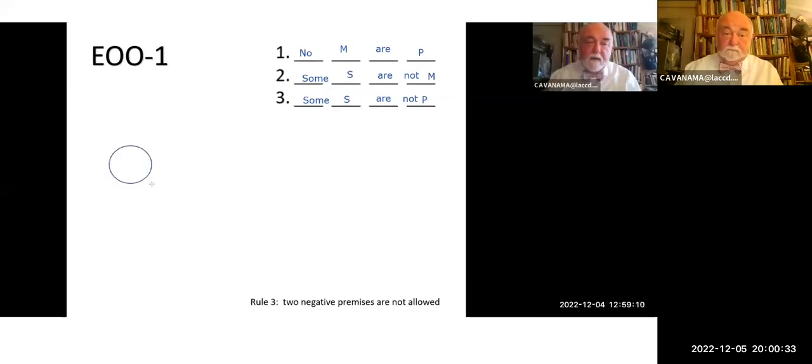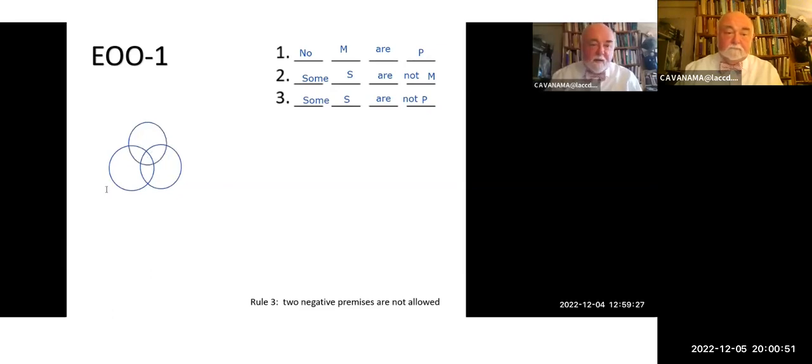Here's a Venn, and another circle, third circle. Oh, that's pretty good. First try.